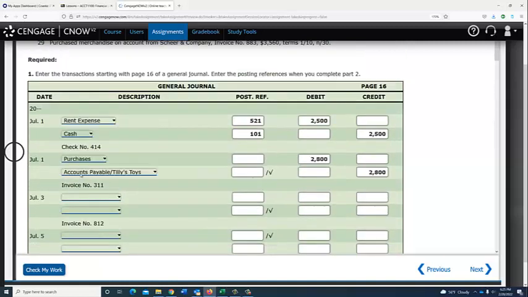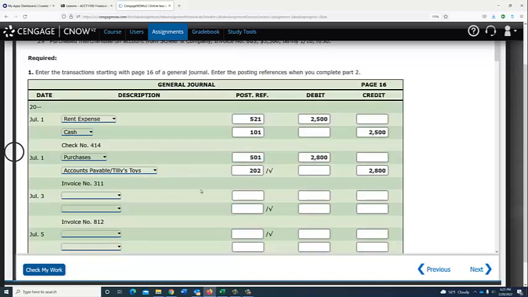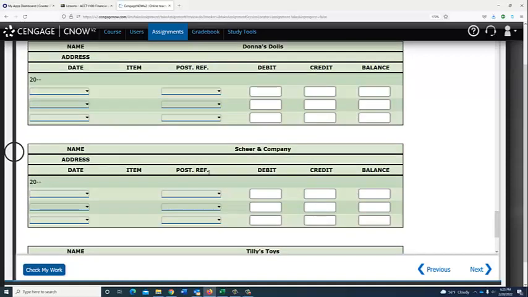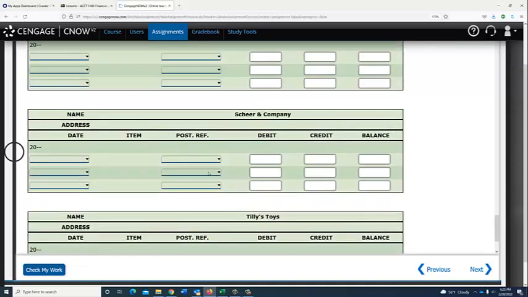Okay, so we've journalized the accounts payable. We've journalized the purchases, and now we need to update Tilly's Toys accounts payable ledger. So we'll scroll all the way to the bottom where the accounts payable ledger is.